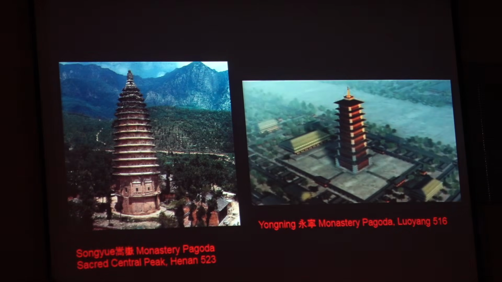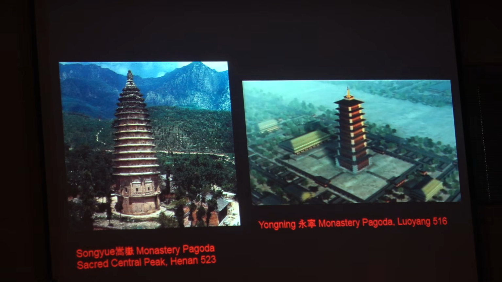So I go back now to China, and you remember I told you that the pagoda on the left is one of the 2 buildings I would choose as most important from China's 6th century. That's because the Yongning Monastery doesn't survive. The pagoda had burned in the 530s. But its reconstruction is based on measurements and what the texts say, that it had a towering pagoda.